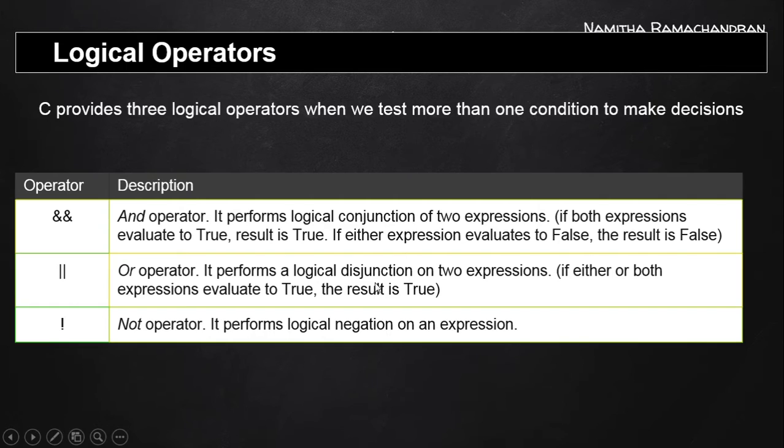This is the logical OR operator. It performs a logical disjunction of two expressions. If either or both of the expressions among the two condition checking statements evaluate to true, then this logical OR operation also returns a true value. And this is the NOT operator. It performs the logical negation of an expression.